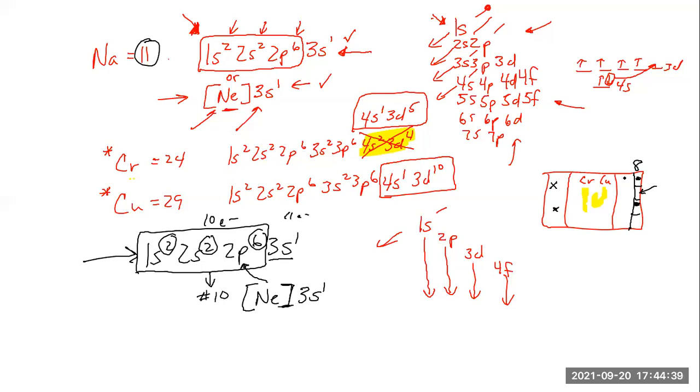Yeah, Professor, another question. I notice you put 1s squared, 2s squared, 2p, and then you use a 3s1. On the chart, let me look at the Ne. Ne is 10, right? You use 3s.